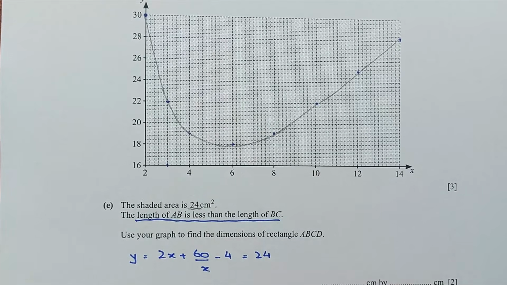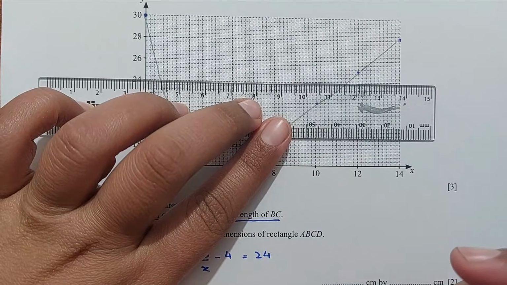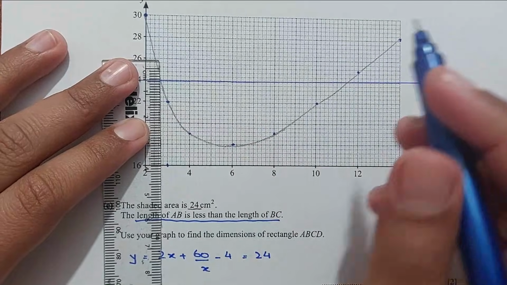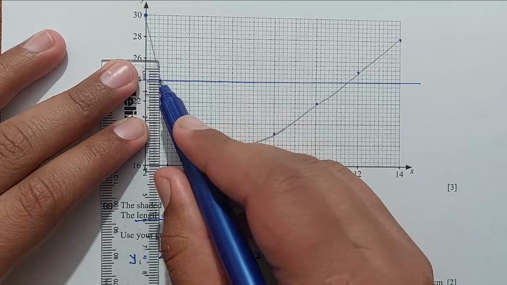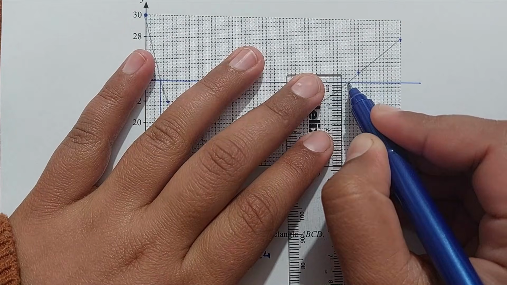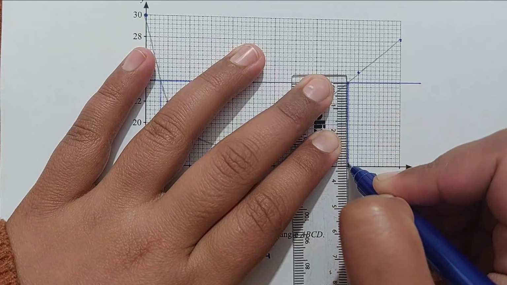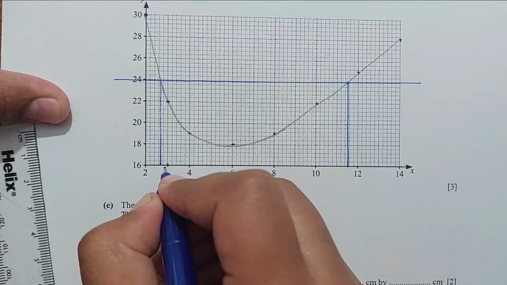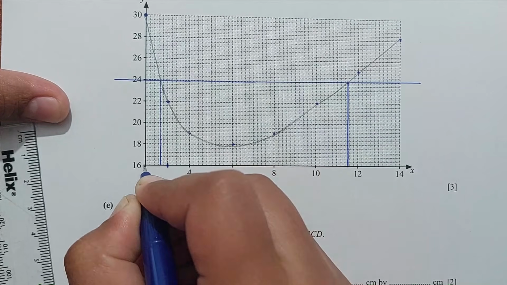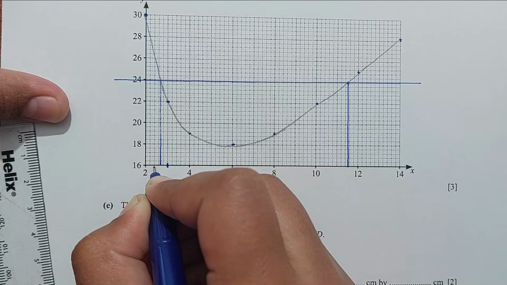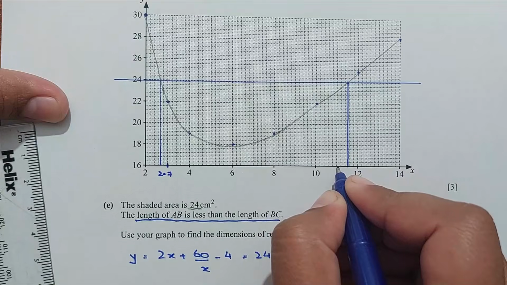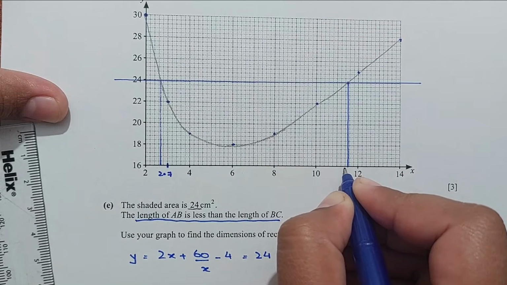So at y equals 24, this is the line y equals 24. We have to take two readings here, this one and this one, right?